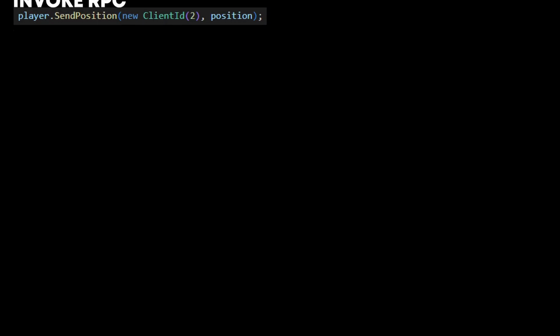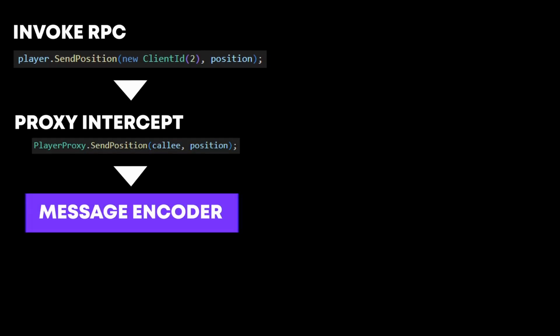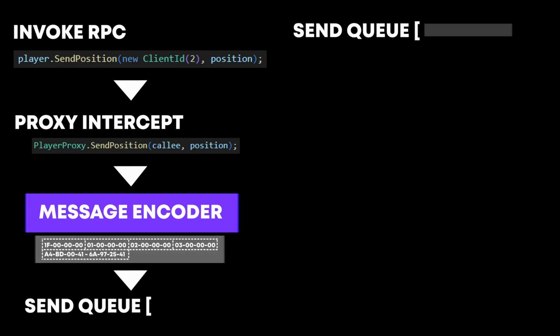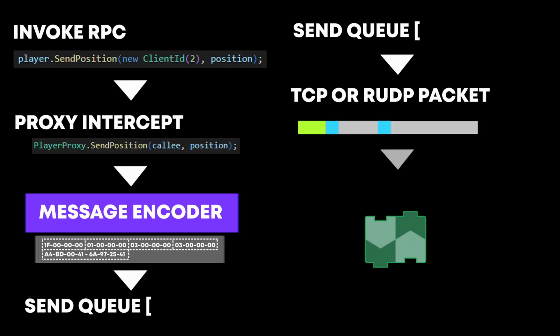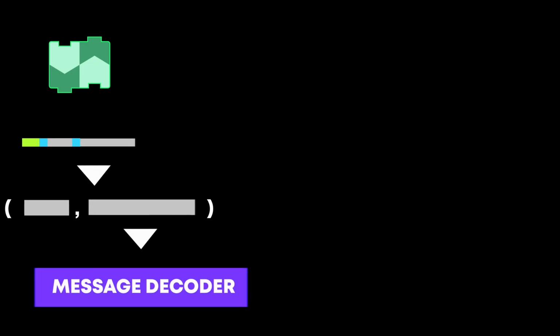So the full lifetime of an RPC goes like this. When you call it, you're actually calling a proxy, which will pass the arguments to an encoder. The encoder will then create a byte array, encode the arguments into it, and pass it to the send queue to be added to the outgoing packet. Once that packet is received, it's split into the individual RPC messages and processed one by one.